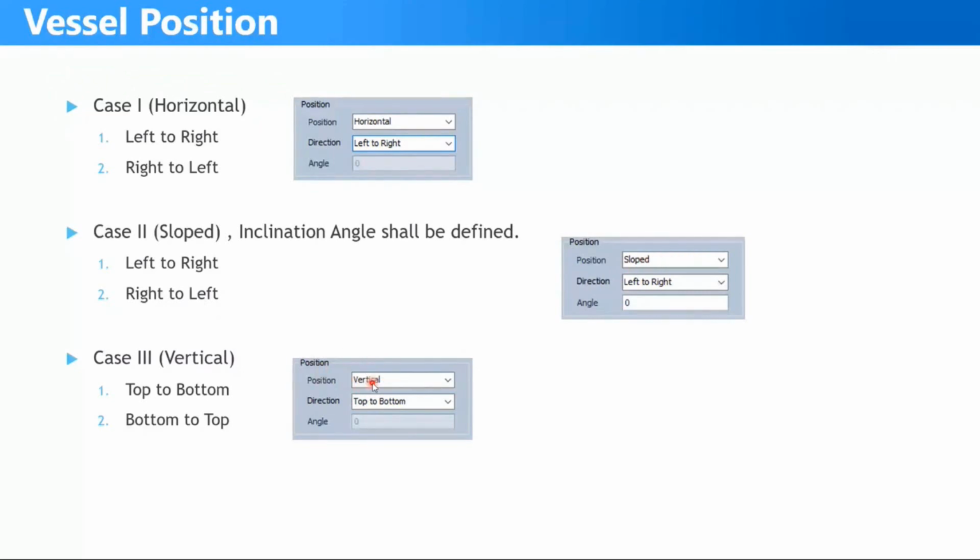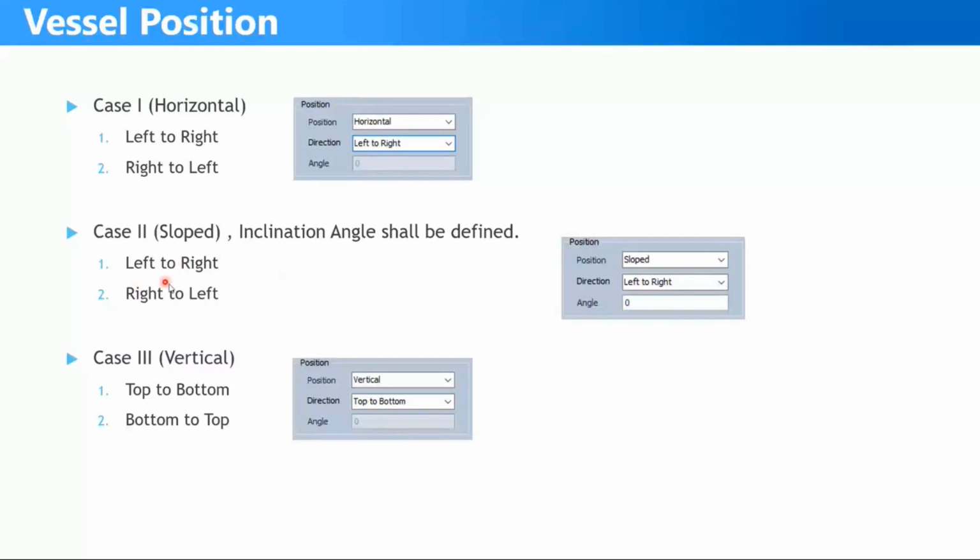In the horizontal vessel, you have 2 options to assemble your model. You can start from left to right, or start your assembly from right to left. So the reference point will be located on the left side in the first one, and on the right side in the second one. Okay, here for the tilted vessel, it's the same as the horizontal, but it will take an inclination angle from the horizontal level.